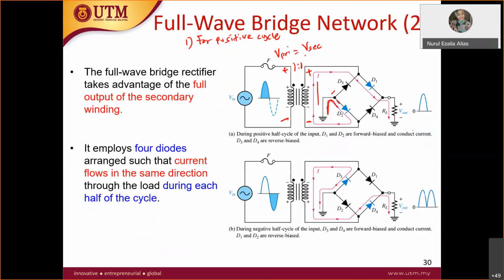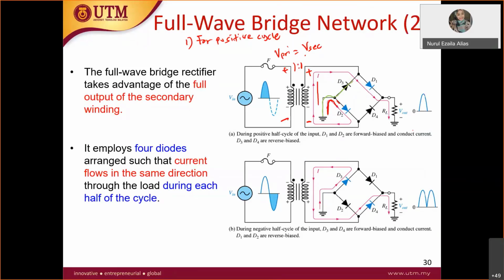As for this one, if let's say this direction, it can go to the D2, it can also go to the D1. Both are making the diode forward bias. For example, this one goes to the D3 first. I need to use another pen. I make this diode, from here to D3, sorry, D3, forward bias.